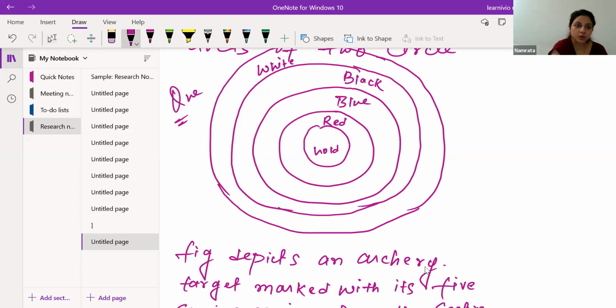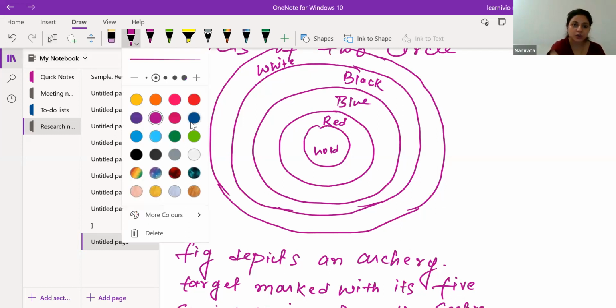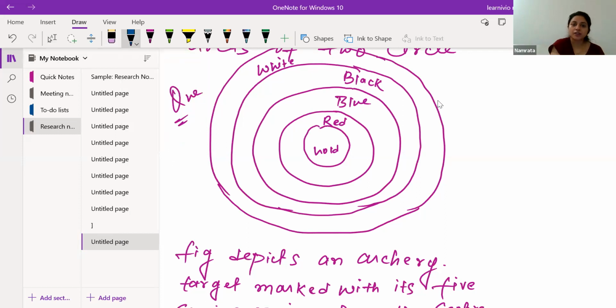The smallest one is the gold, and its diameter is already mentioned in the question. Diameter means this total is given as 21 centimeter. And each one's width is also given as 10.5.